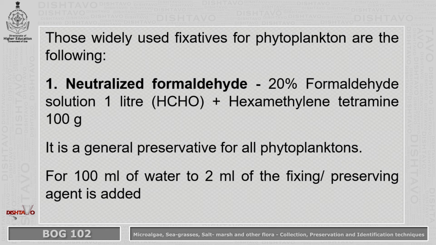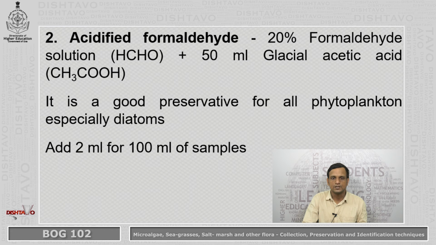Neutralized formaldehyde, that is 20% formaldehyde, and hexamethylene tetramine at 100 gram per liter is generally used as a very good preservative for phytoplanktons. For 100 ml of water sample, 2 ml of this fixing solution will effectively preserve the phytoplanktons in good condition for study at a later stage under the microscope.